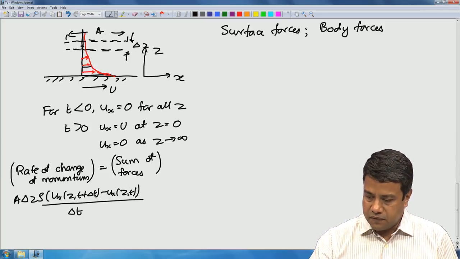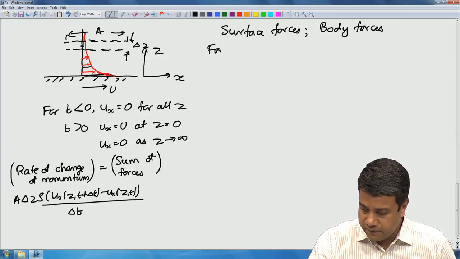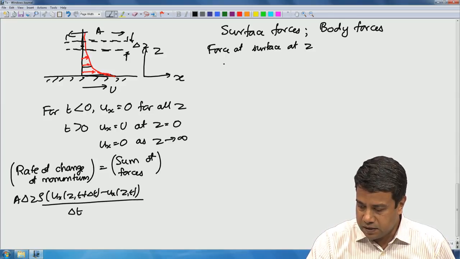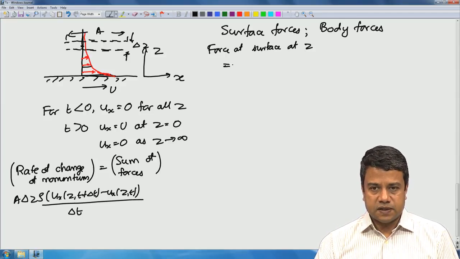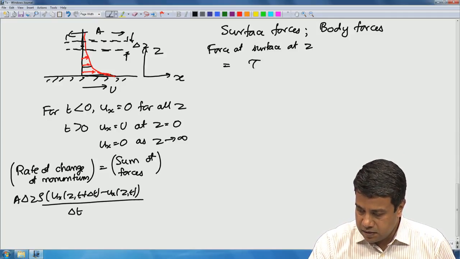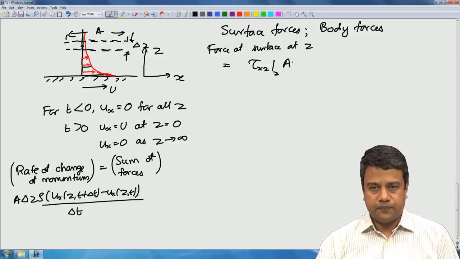Therefore, the force at the surface z is given by the shear stress at the location z times the surface area.